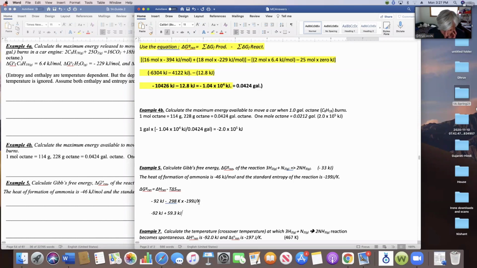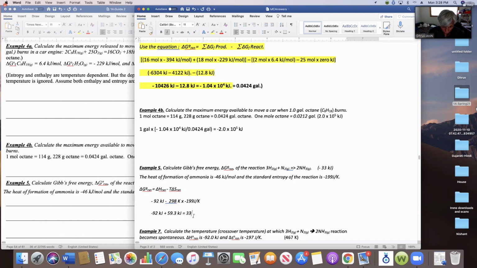K and K cancel out. We have the correct unit. Kilojoules and kilojoules can be added. Of course, it's the same unit, so you can add them. So that's the other thing. When you write down the units, you can see whether you can add that or not. So let's see. 92 and 59, 33.